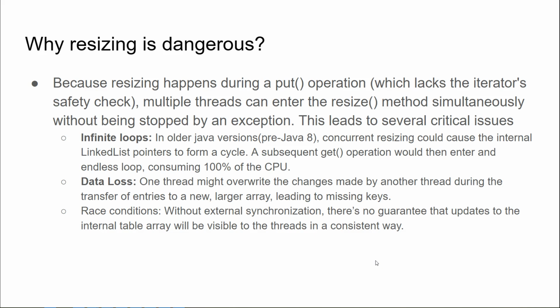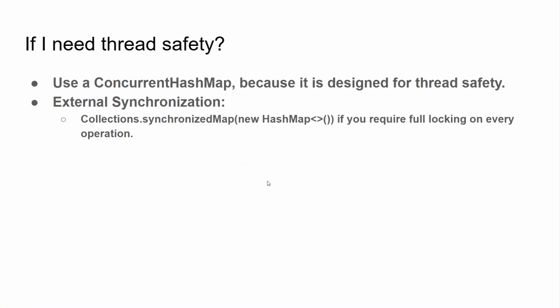So in a multi-thread environment, if you have multiple threads accessing a hash map, don't use HashMap. Use the ConcurrentHashMap, for example, okay? Because it is designed especially for thread safety.